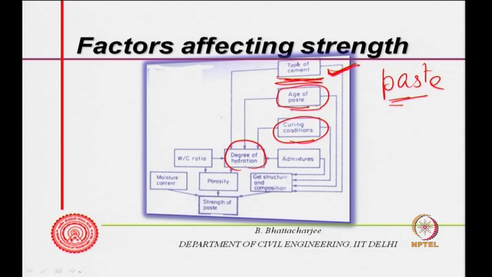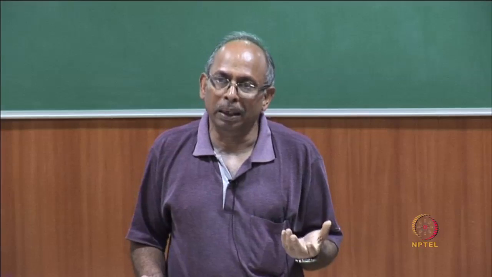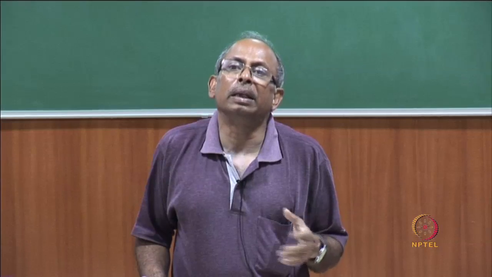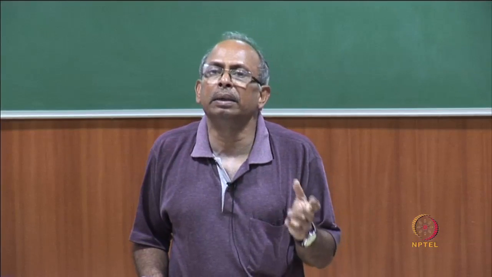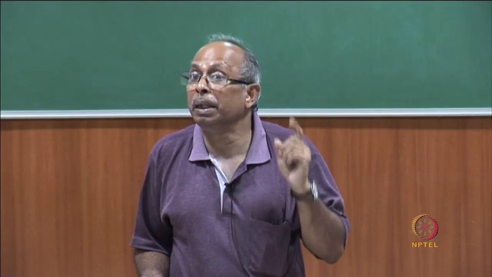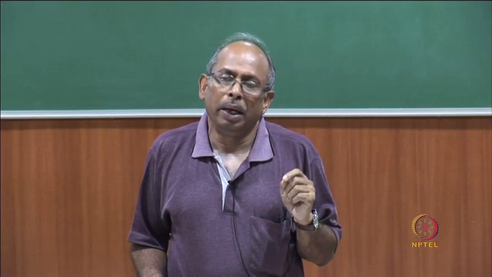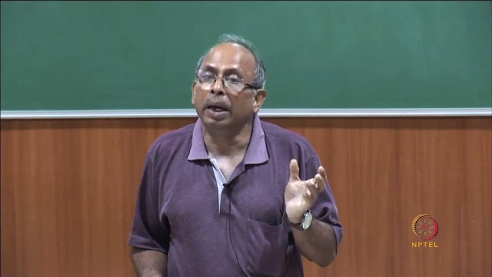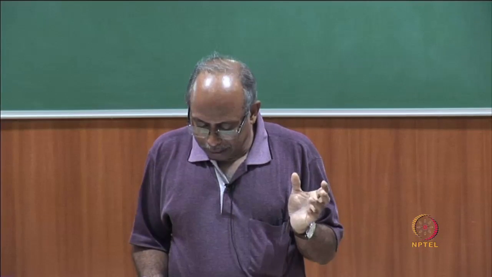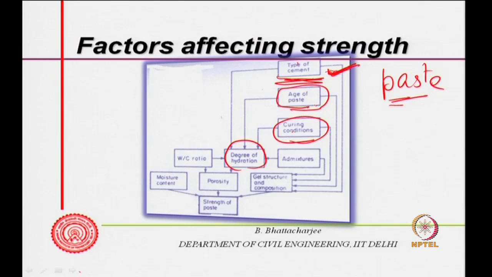Say one thing is rapid hardening cement, which you have discussed right in the beginning in earlier modules. Rapid hardening cement would hydrate at a faster rate. Therefore, the type of cement at any given age, how much strength development occurs or degree of hydration, is also a function of that.